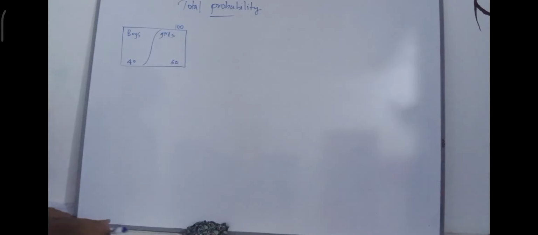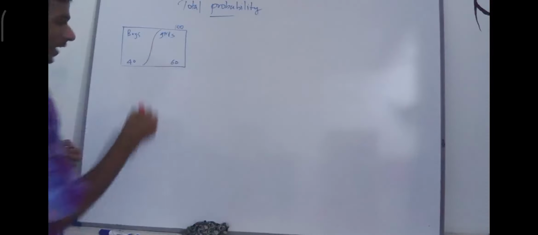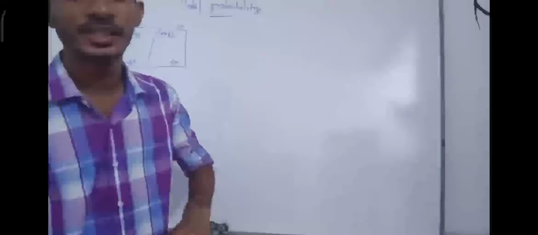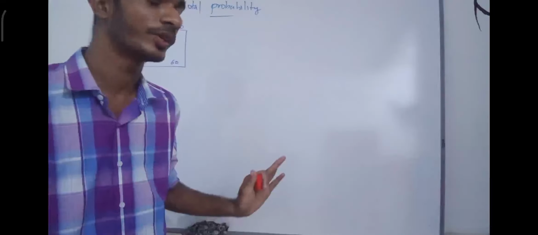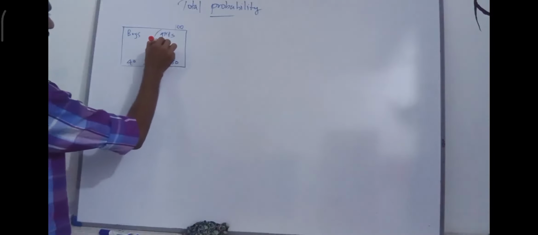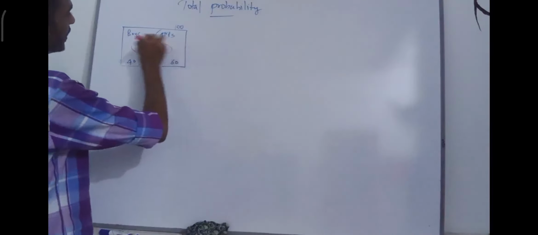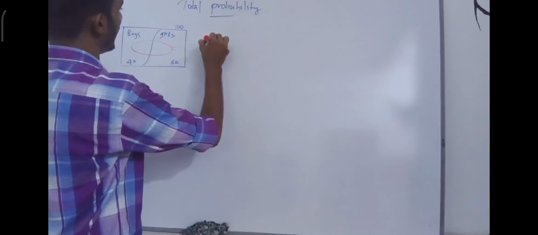In a classroom, some students might wear spectacles. Both boys and girls might wear spectacles, but not all the students will, only some of the students will. So I'm going to take this portion as the students wearing specs.